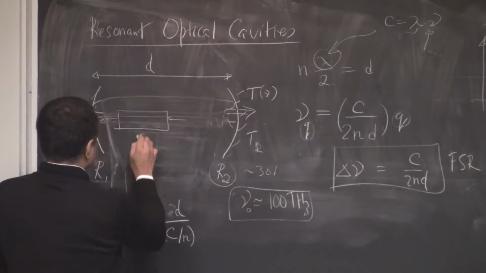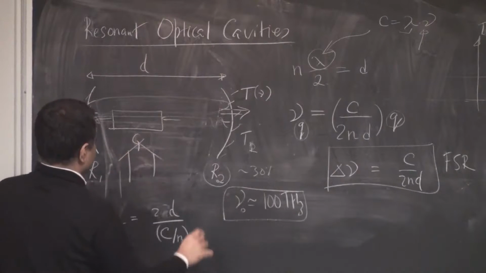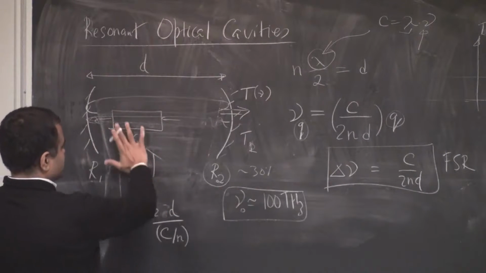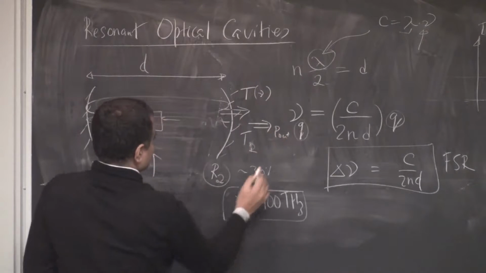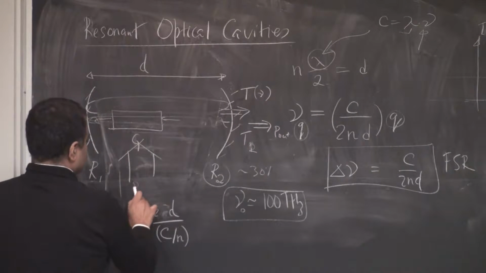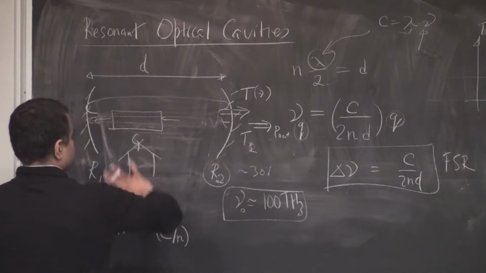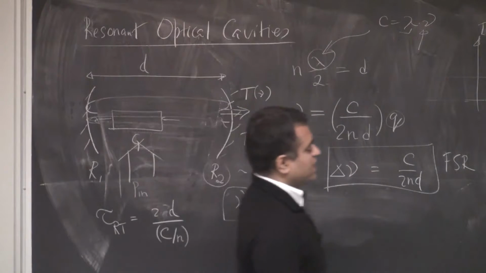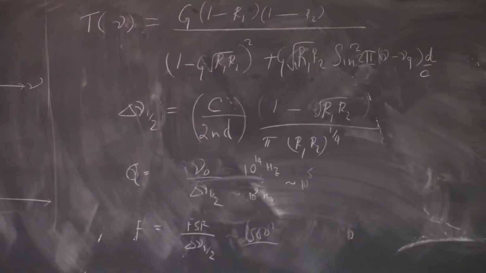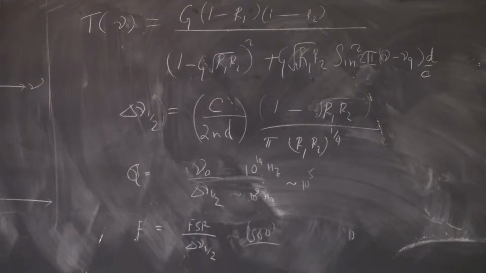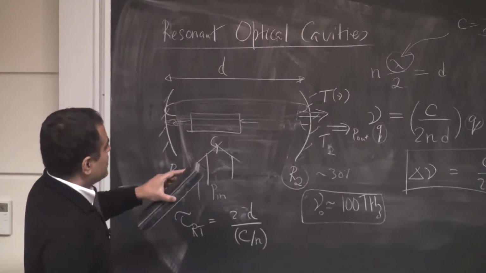The only way to add a gain term is to pump this medium, create population inversion, and so on. And so the P out would be related to P in, the input power, and you can now get a steady state gain. That's the idea for the next topic I want to cover, which is the origin of that gain. Okay.